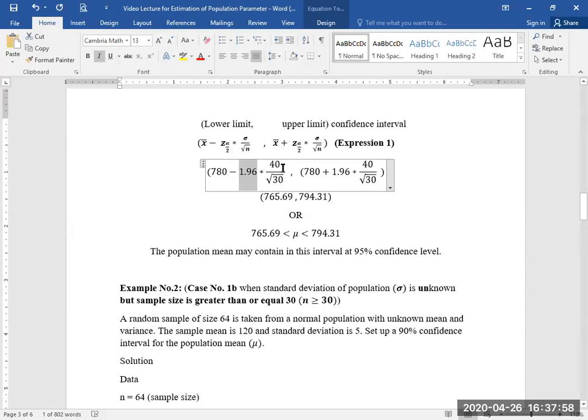Sigma was 40, and square root of n, where n stands for the number of observations, which was 30. The same value, students, for the upper limit of the interval estimation, we add to the sample average, which was 780 that we calculated earlier. After calculation, students, we will find the upper limit and the lower limit of the estimation.